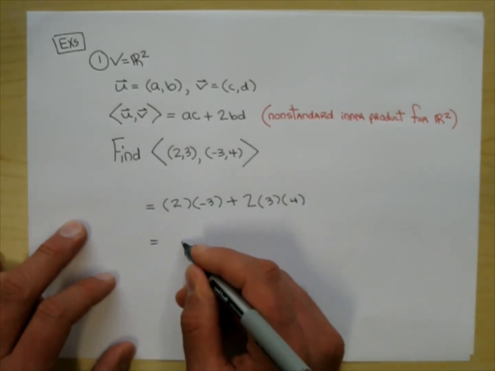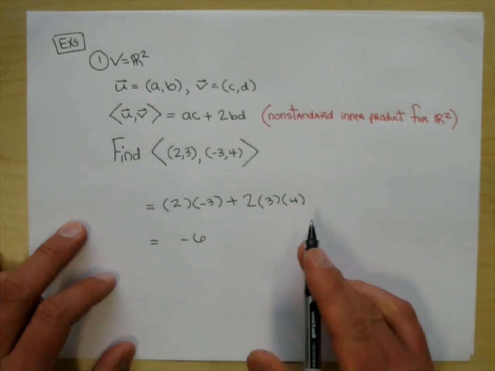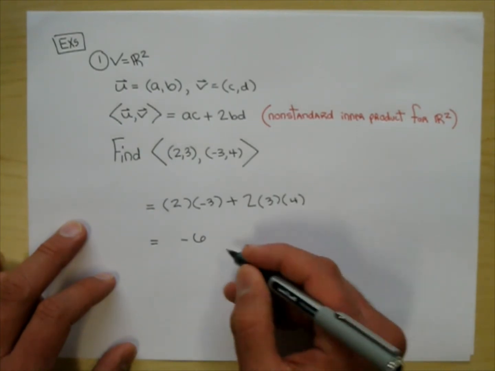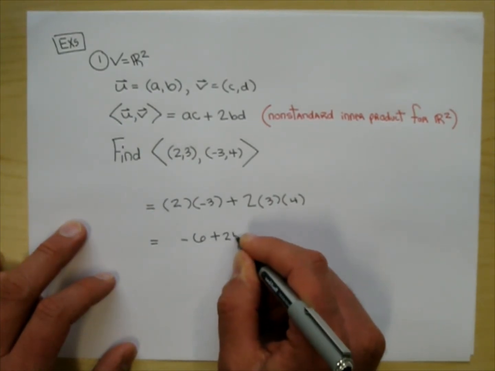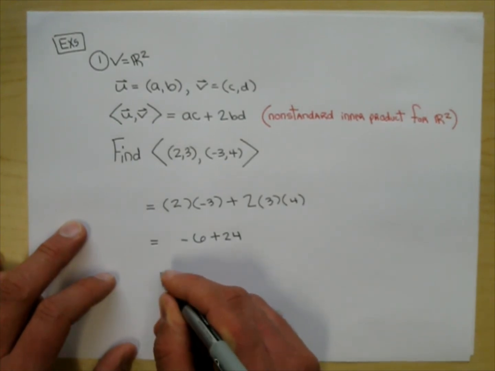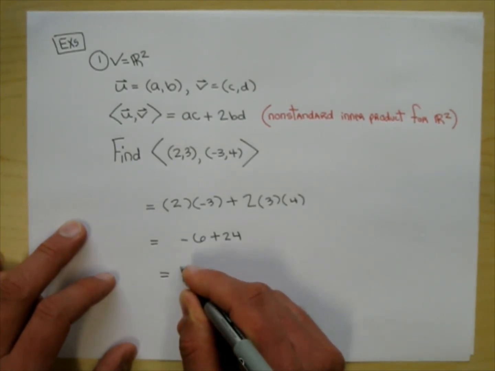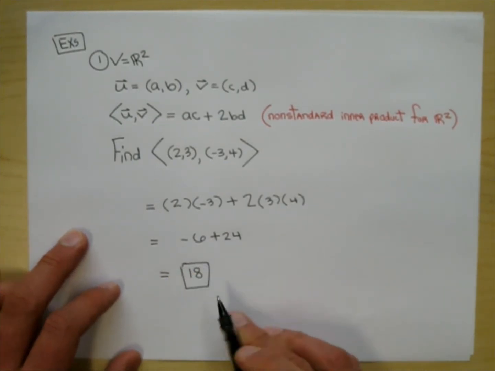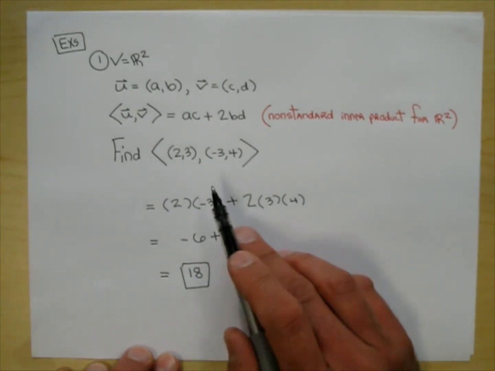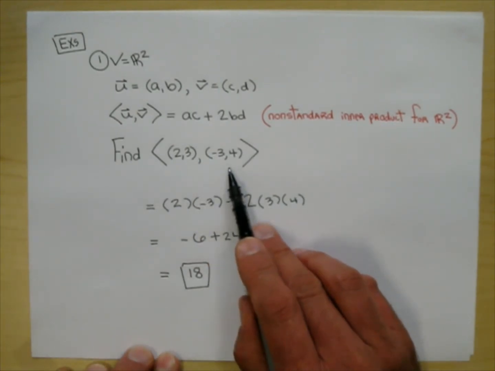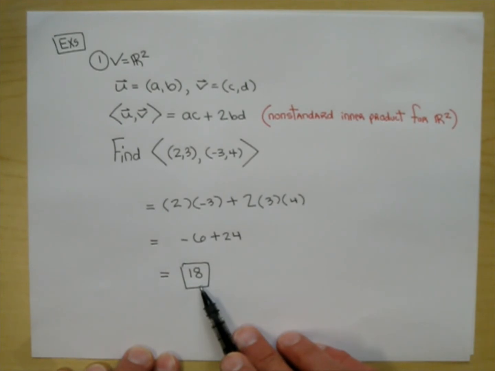Okay, so what do I have here? I have negative 6. And this is going to be plus 24, which gives me an 18. So the inner product of these two vectors is 18. This is non-standard.